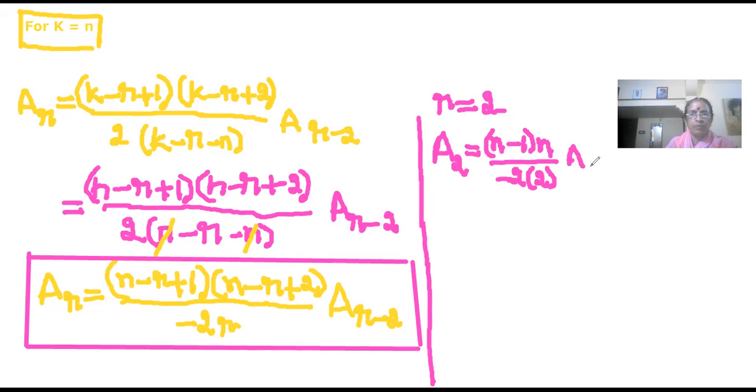R equal to 2, 2 minus 2 is 0. So A2 becomes equal to this value, with A0.